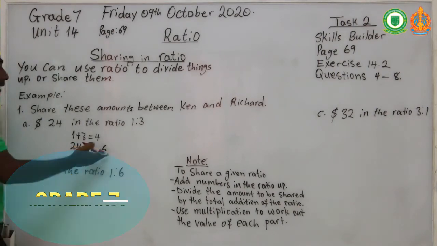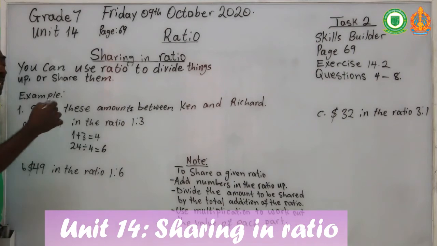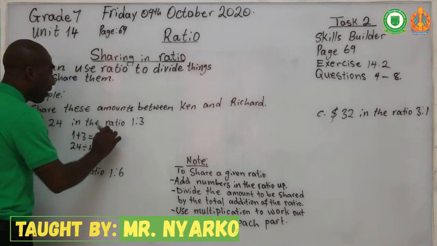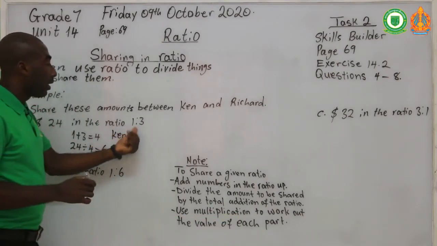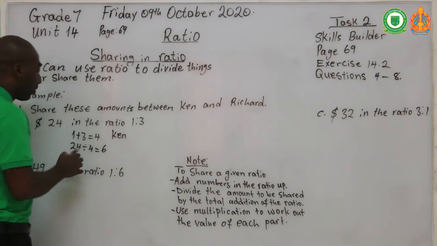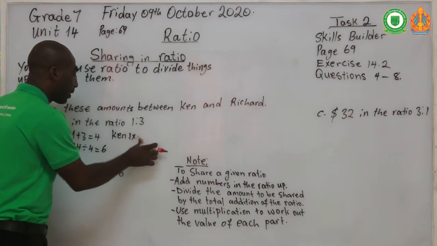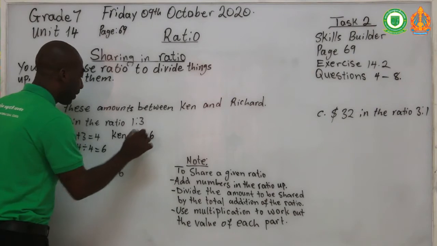Once we know that we have 6 here, the next thing that we need to do is to find out the amount that each person will be getting. So first we write Ken. In the proportion, Ken is having 1 point, so that means it will be 1 multiplied by 6, and that will be 6.